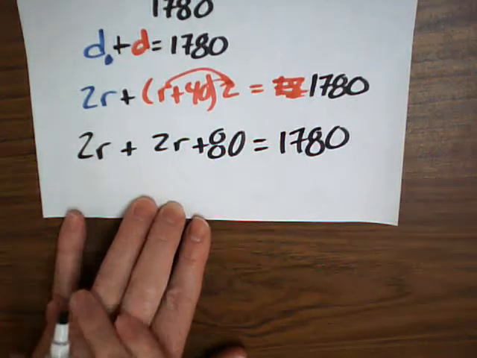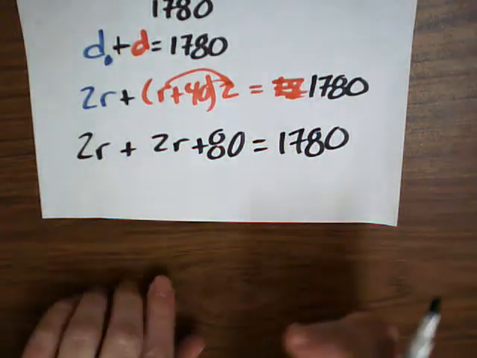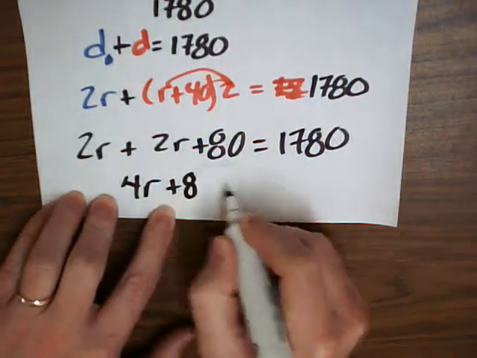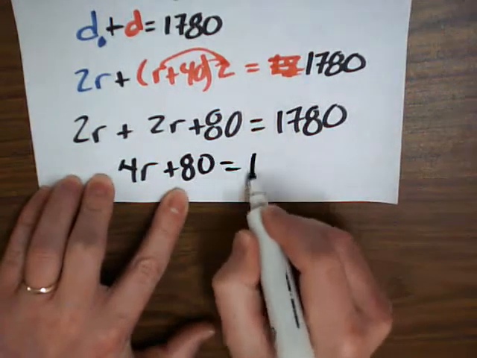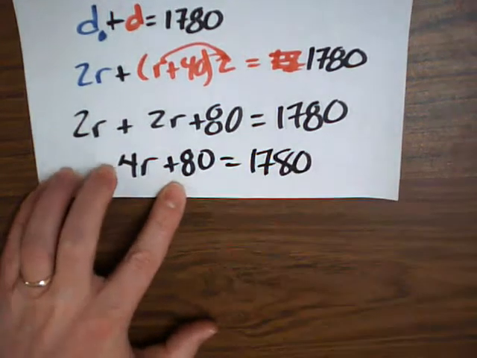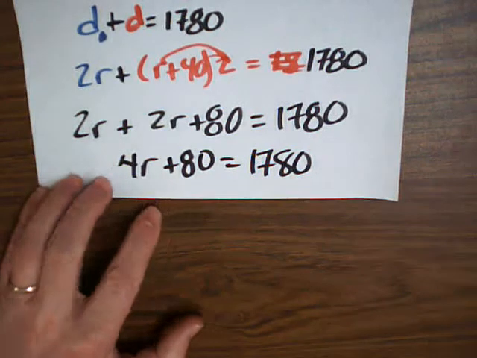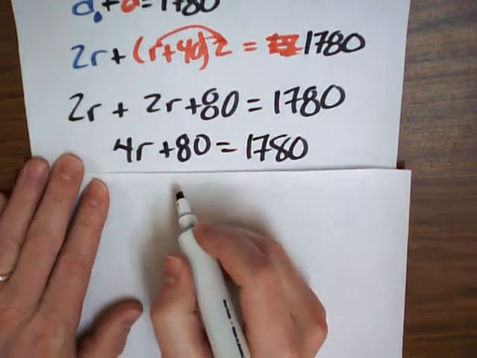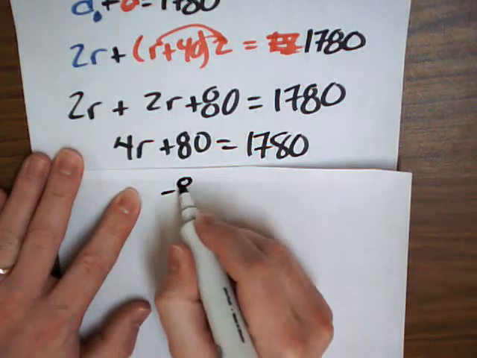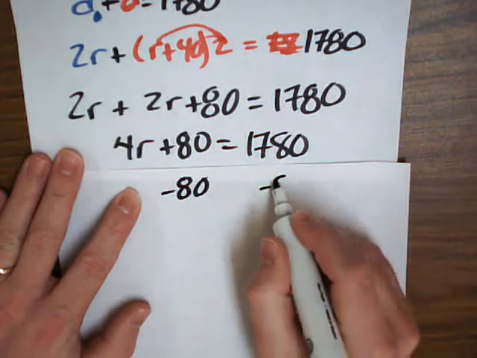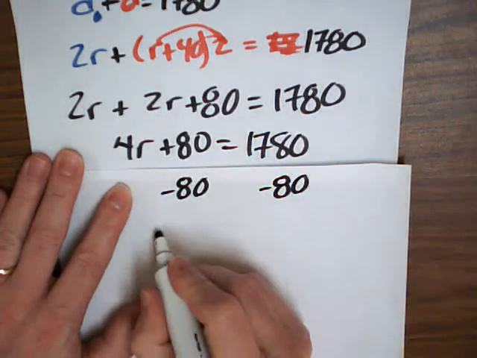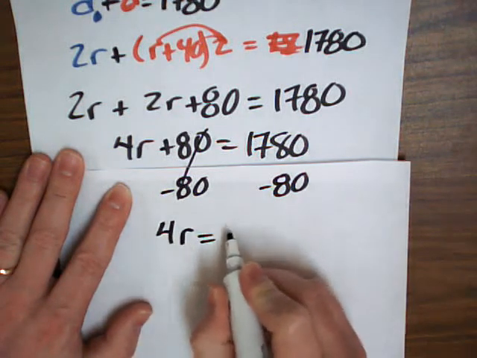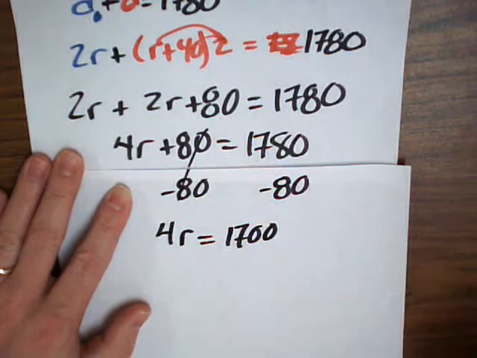At this point, we're just solving one of these little equations like we've been doing. So you got 4R plus 80 equals 1780. And what would you do? Subtract 80? Okay, so 4R is equal to 1700.